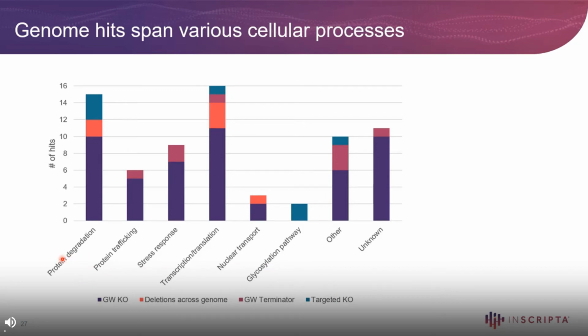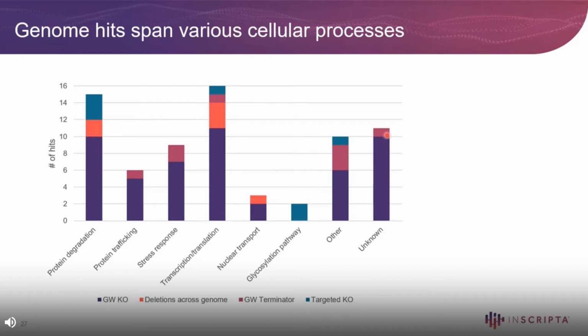If we look at protein degradation, we identified a lot of hits that target genes in protein degradation. Hits also targeted protein trafficking, cellular stress response, transcription and translation processes, nuclear transport, and the glycosylation pathway. Some of them didn't really fit into any of these, so I lumped them all together into other.